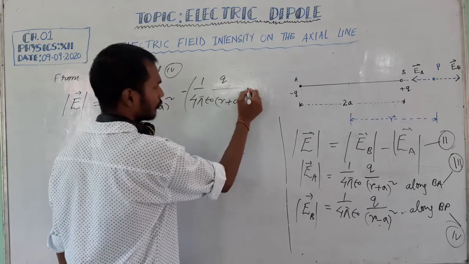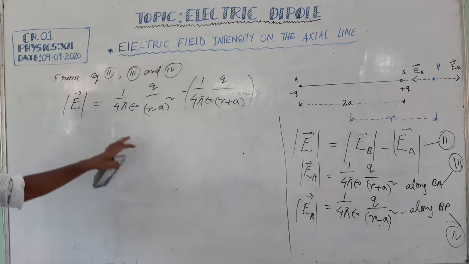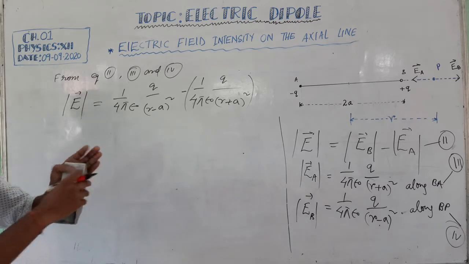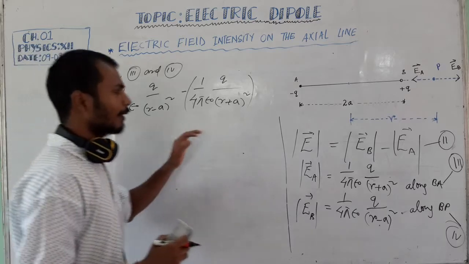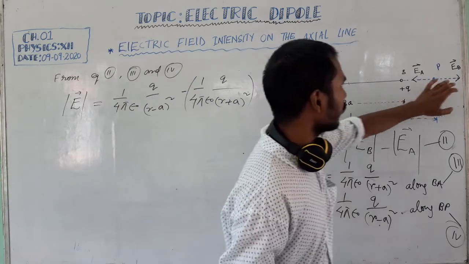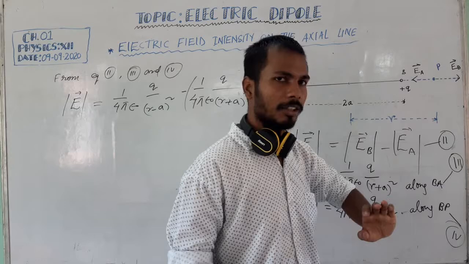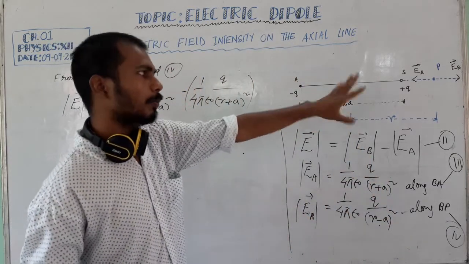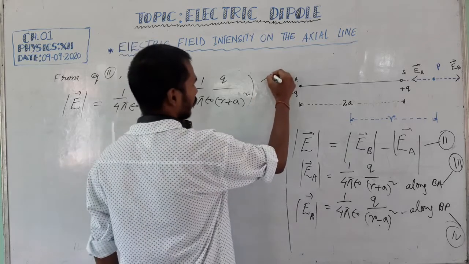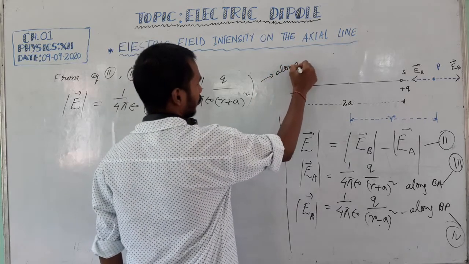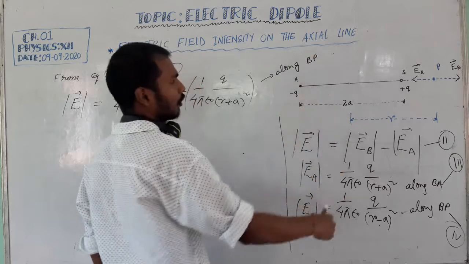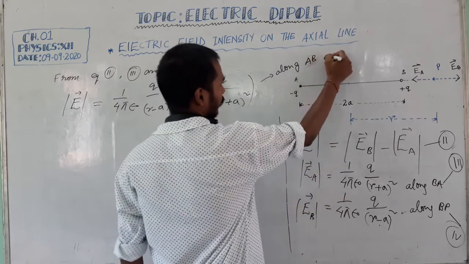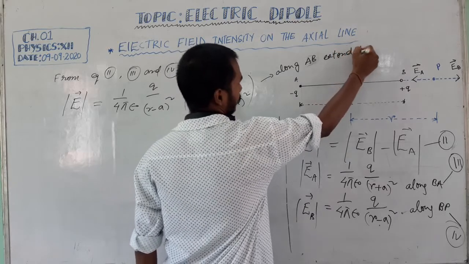Now what will be the direction of this electric field? It will take the direction of the vector whose magnitude is greater. The magnitude of EB is greater. So the direction of the resultant electric field will be along B to P, or we can say along A to B extended.